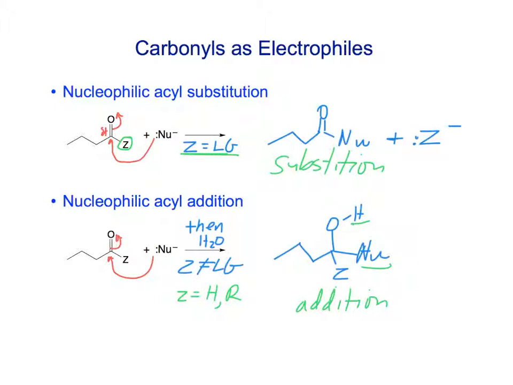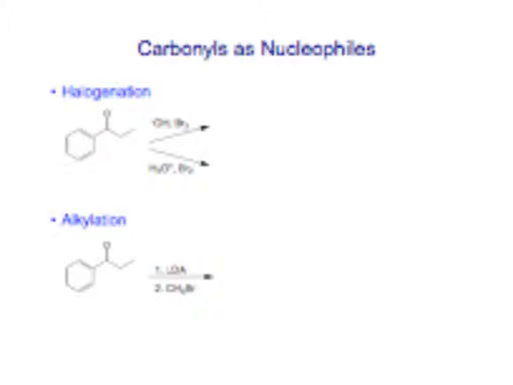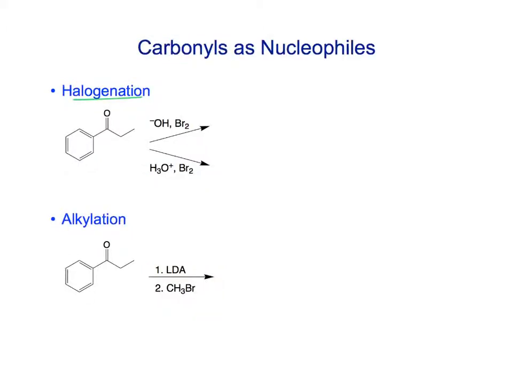In the last chapter, we also learned that carbonyl groups can function as nucleophiles. In these cases, we generally deprotonated the alpha position to form an enolate, though we saw some early chemistry where we could do the reaction through an enol. In each of these cases, the alpha position ends up acting as a nucleophile. We looked at the halogenation reaction.